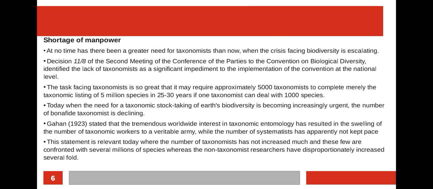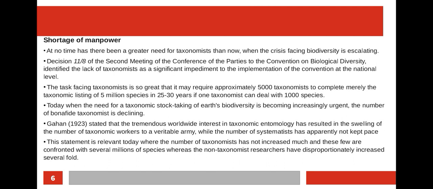Then, shortage of manpower. At no time has there been a greater need for taxonomists than now, when the crisis facing biodiversity is escalating. Decision II/8 of the second meeting of the Conference of the Parties to the Convention on Biological Diversity identified a lack of taxonomists as a significant impediment to the implementation of the convention at the national level.